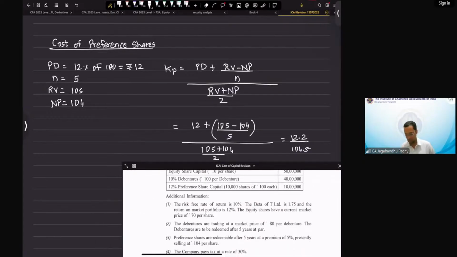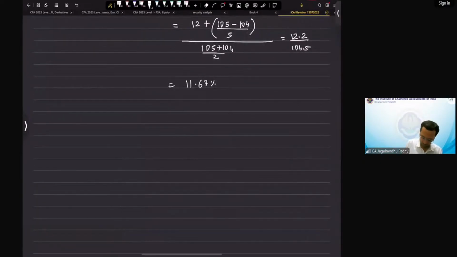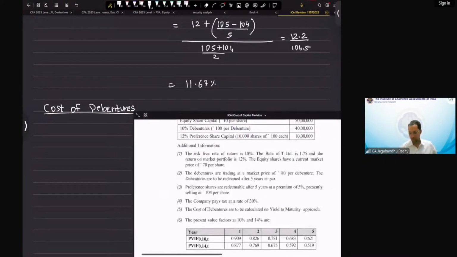And now we have to do the cost of debentures. Remember, cost of debentures, they're asking us to calculate using yield to maturity or IRR approach.